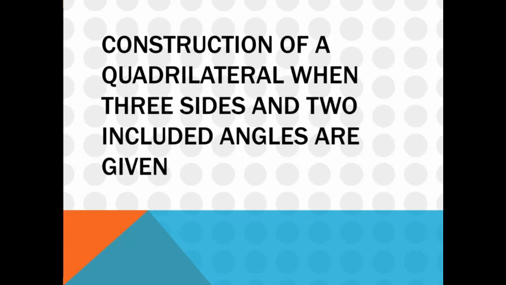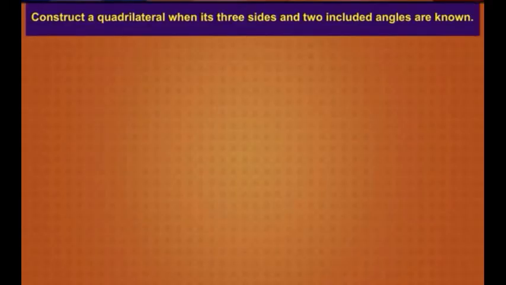Construction of a quadrilateral when three sides and two included angles are given. It's important that the angle should be the included angles. Let us construct a quadrilateral when its three sides and two included angles are known.